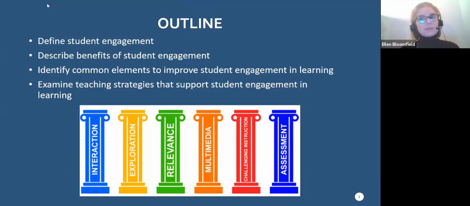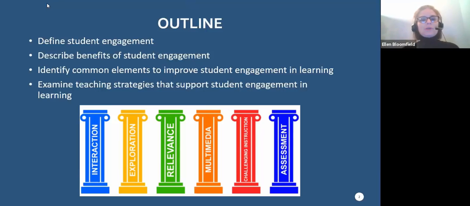It also depends on the content you're teaching and what type of engagement you need. For example, if we're looking at our pre-med bio students and nursing students, we want them engaged to be able to save lives, which is a little bit different than engaging your students to become future educators. So all of those things play into how one defines student engagement.